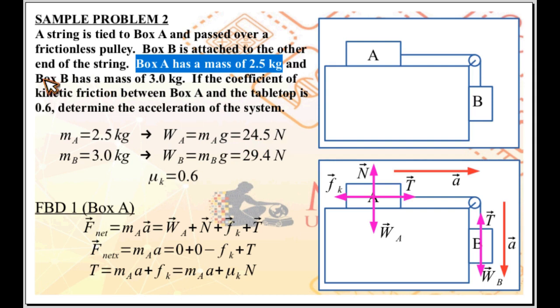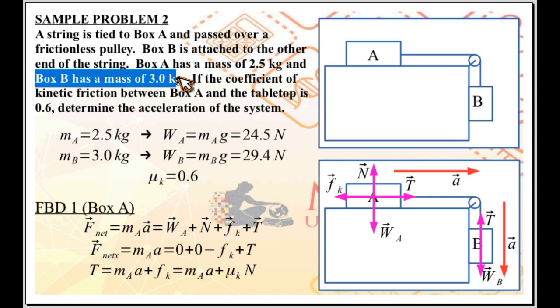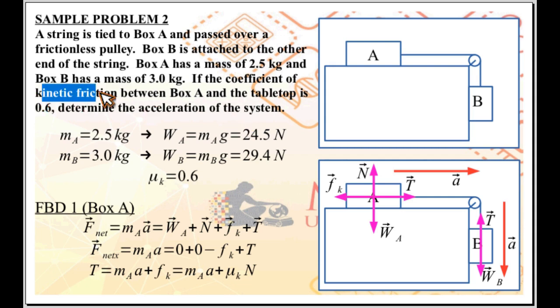And we do the same thing for box B, knowing the mass of box B to be mB equal to 3 kilograms. We are able to calculate the weight magnitude of box B, 29.4 newtons. And the problem also provides the coefficient of kinetic friction. Mu k is equal to 0.6.